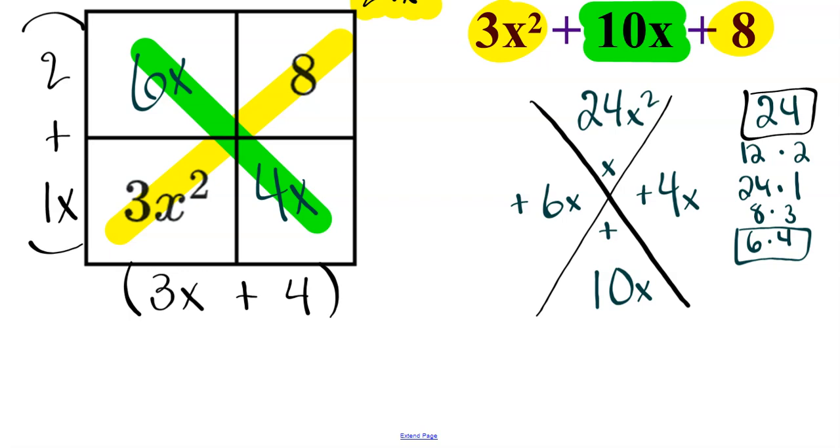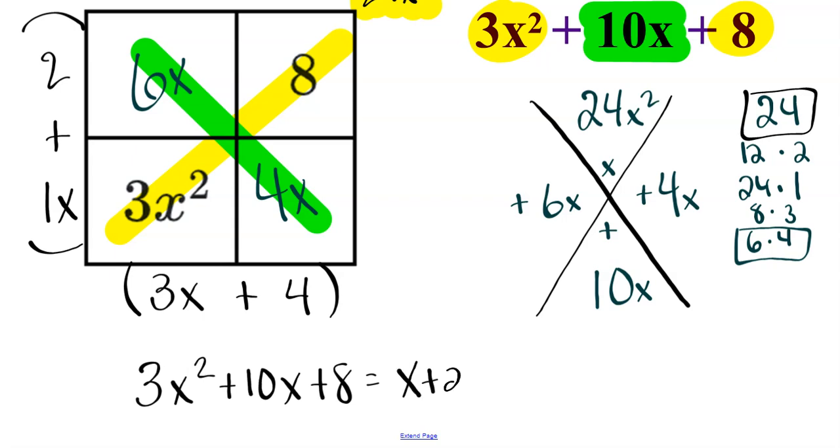So what we just did was say 3x squared plus 10x plus 8 factors down to x plus 2 times 3x plus 4.